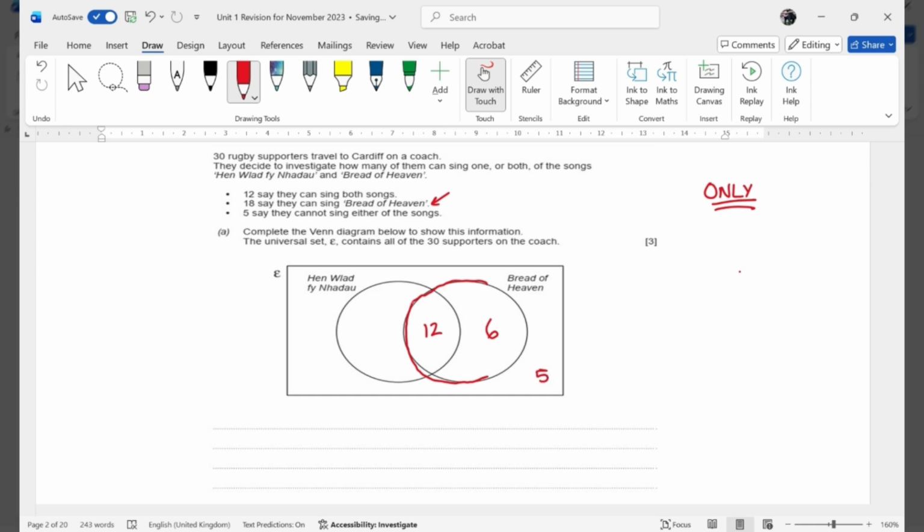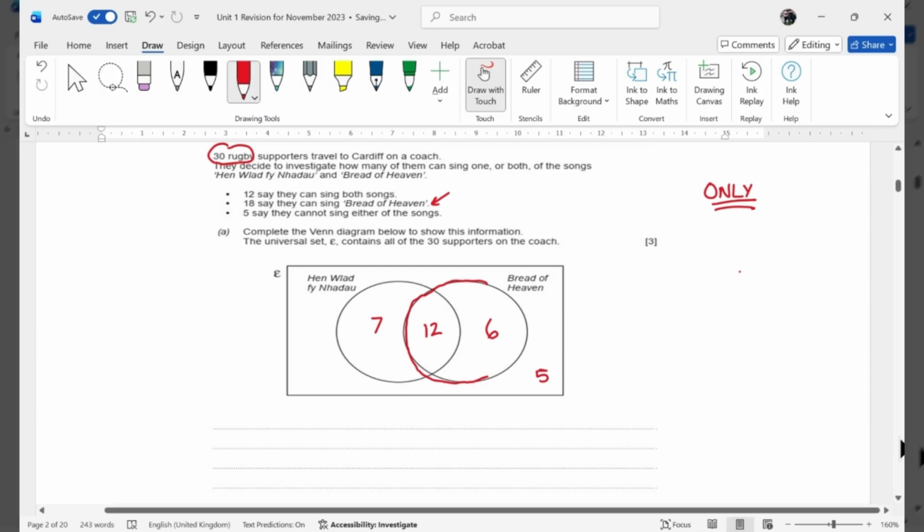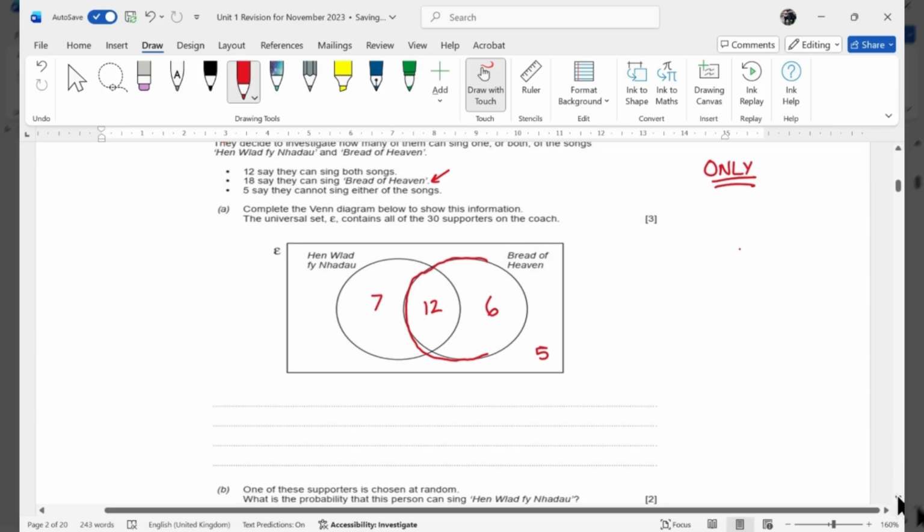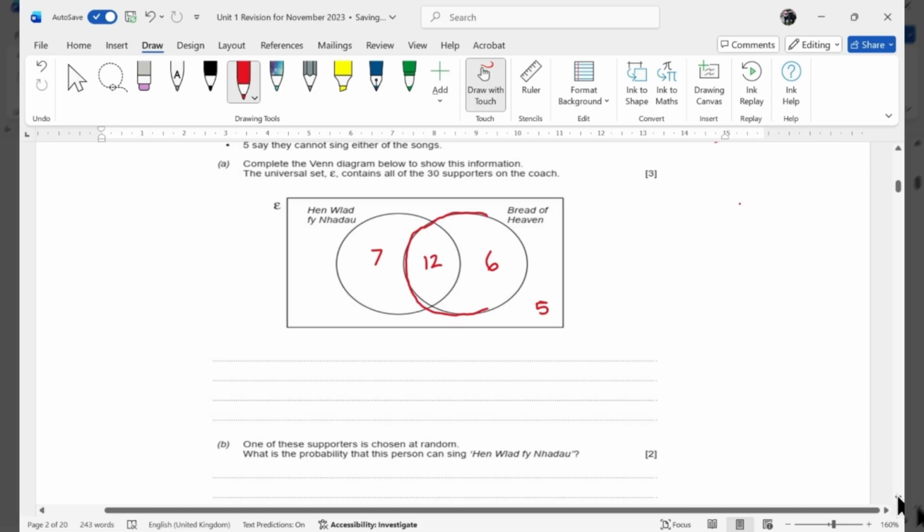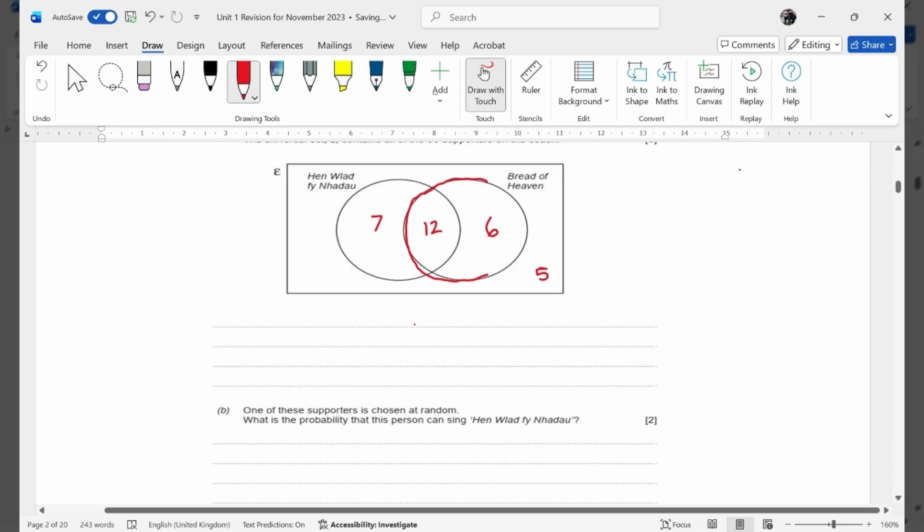And then I'm missing a number in here for Hen Wlad Fy Nhadau, but I'm told there are 30 rugby supporters. So I'm up to 23 already, so there must be another 7 in there to make it up to 30. Okay, there's lots of lines for workings out, for adding and taking away, but really we don't need them there. And then a probability question. What is chosen at random?